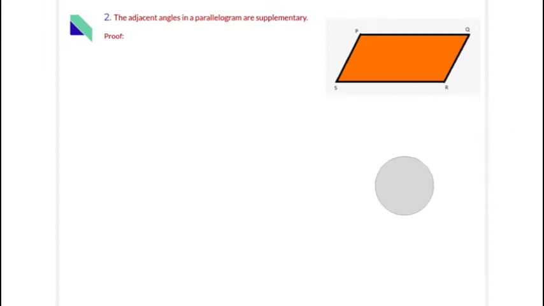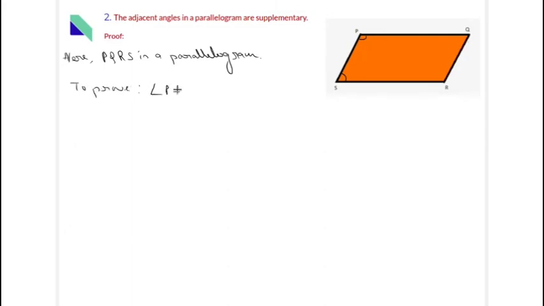So first of all we have to write that PQRS is a parallelogram. Now we have to prove that angle P plus angle S is equal to 180 degrees.